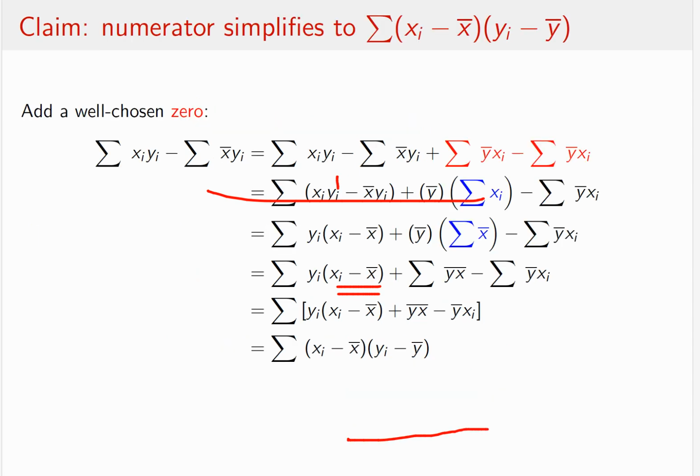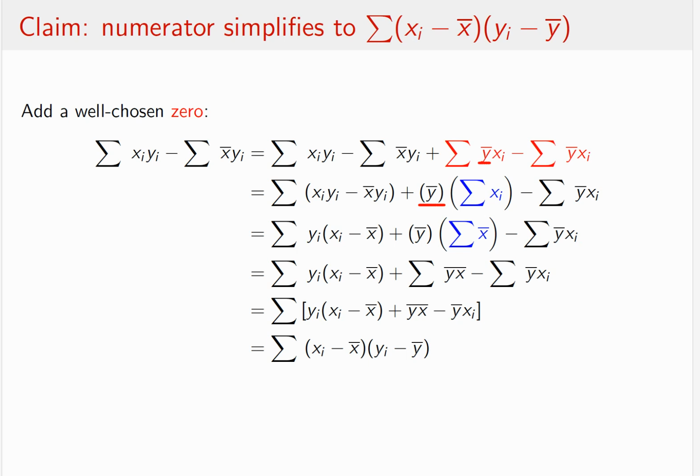Okay. And why do we do that? Well, if I can get rid of these stray marks, right? So we're adding a well-chosen 0. Why? Well, because this is going to allow us to recombine. Why? Because I can factor out the y bar, okay?